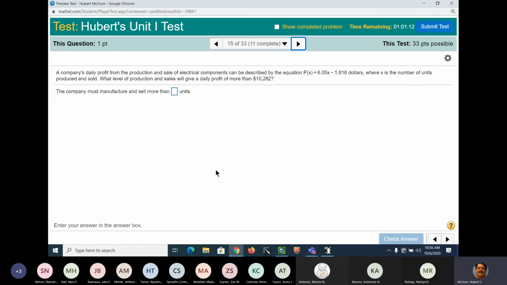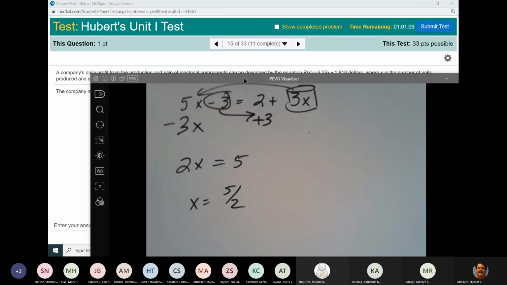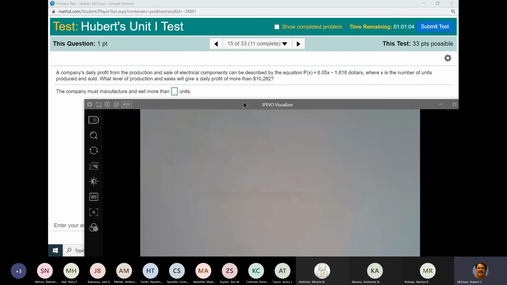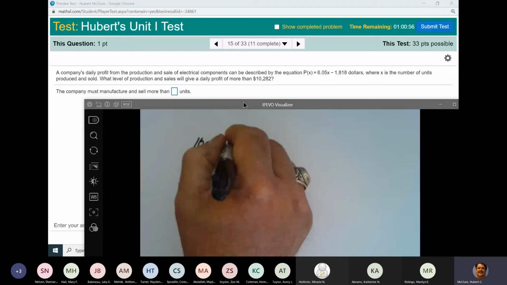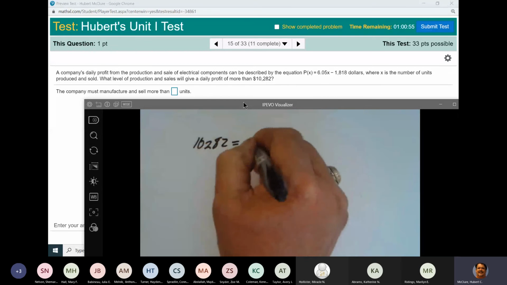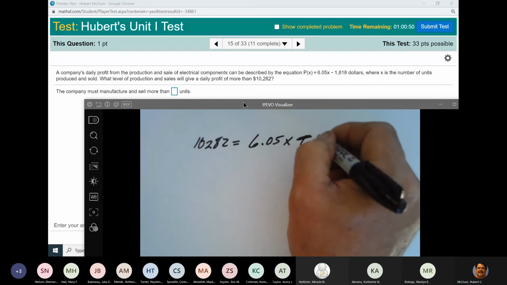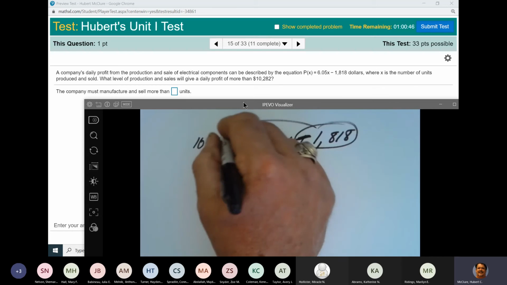So that would be $10,282 is equal to 6.05x minus 1,818. So I'm going to take that across the river.